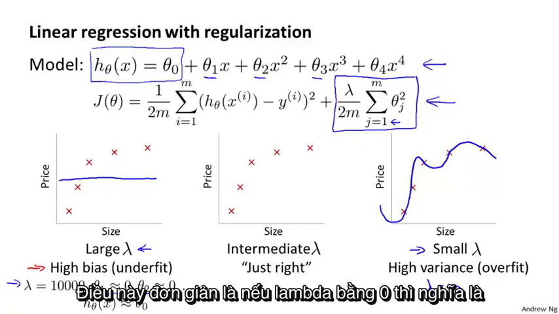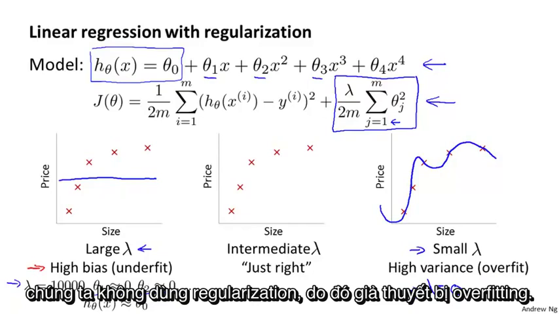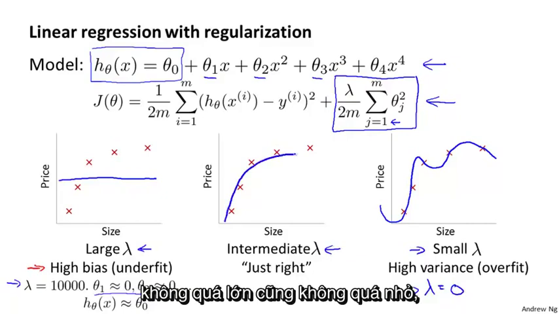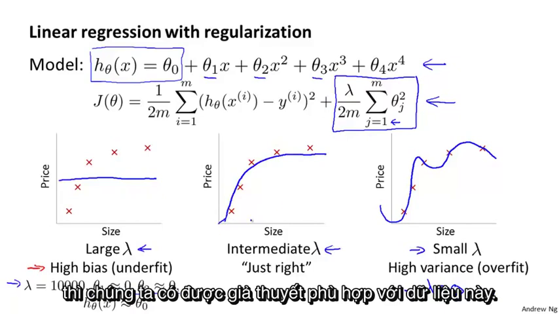If lambda is equal to 0, we're just fitting without regularization, so that overfits the hypothesis. And it's only if we have some intermediate value of lambda that is neither too large nor too small that we end up with parameters theta that give us a reasonable fit to this data.